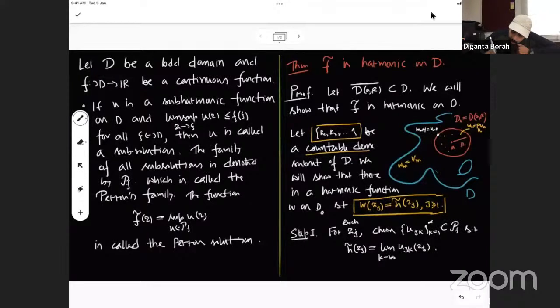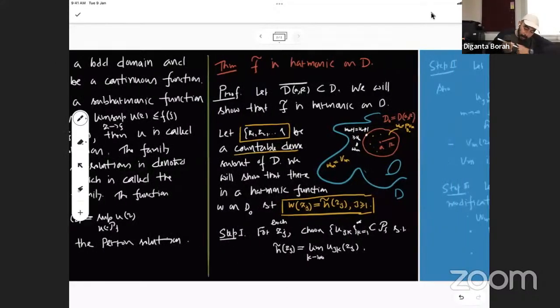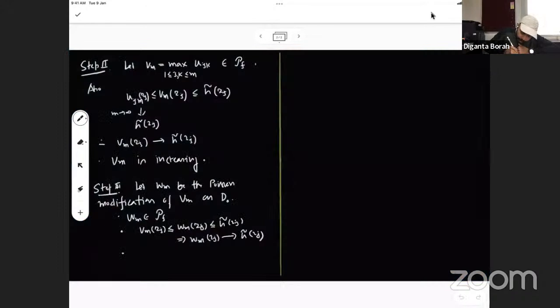But Vm plus 1 is greater or equal to Vm. So Wm plus 1 is bigger than Wm on the boundary of the disk. So by the maximum principle, it will also be true inside, right? So, the maximum principle for harmonic functions. So Wm is still increasing.